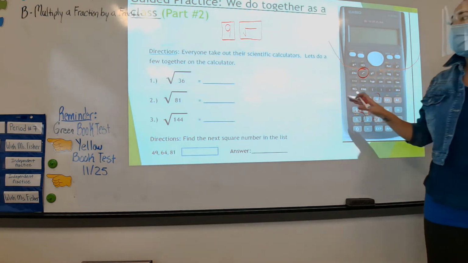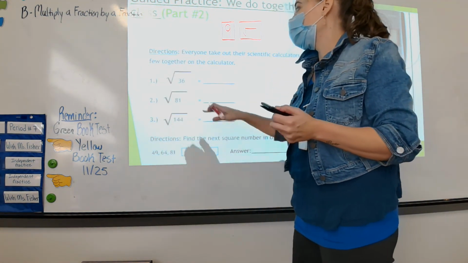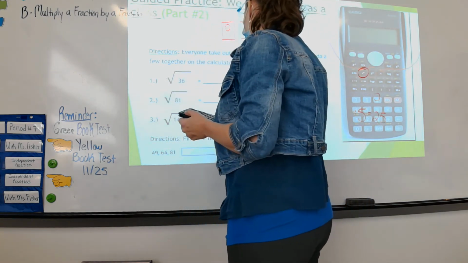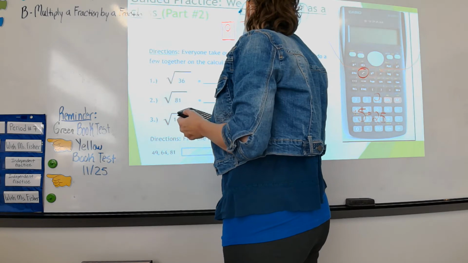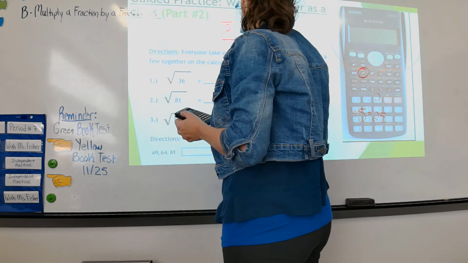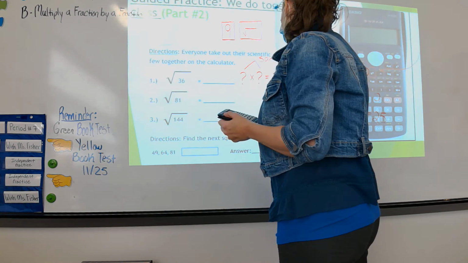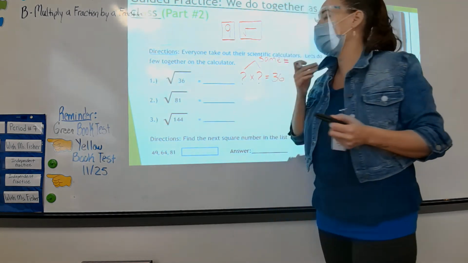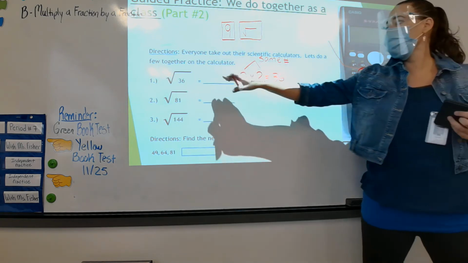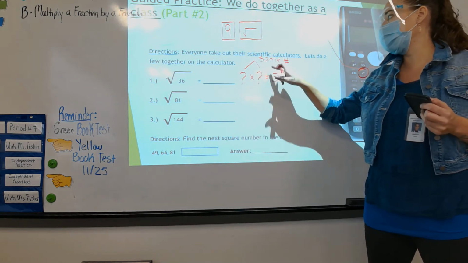So now, following that, I want you to try these. Now remember what this is saying. I'm asking you, what times what equals 36, but these two whats have to be the same number. That's the logic you need to think.